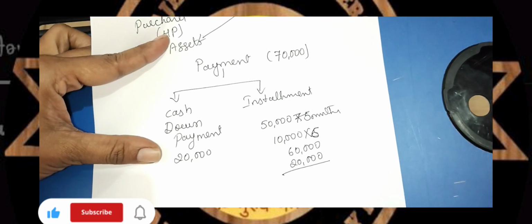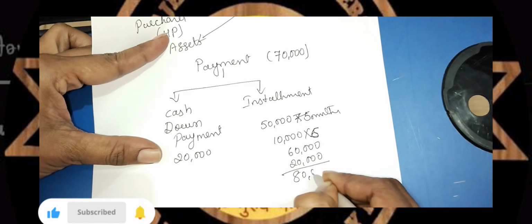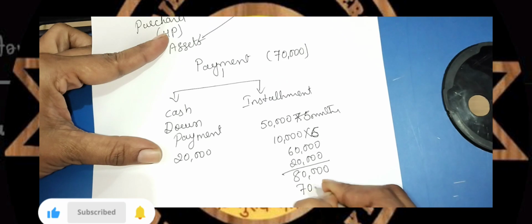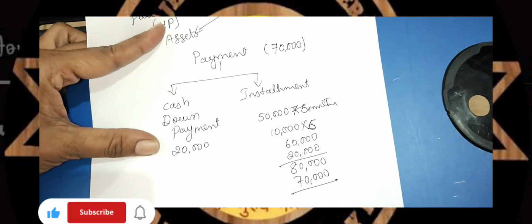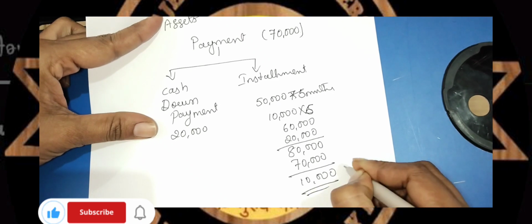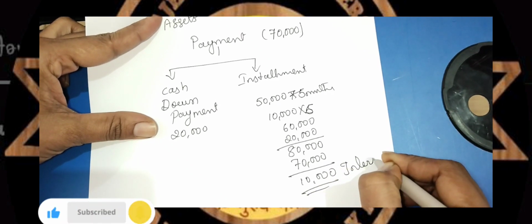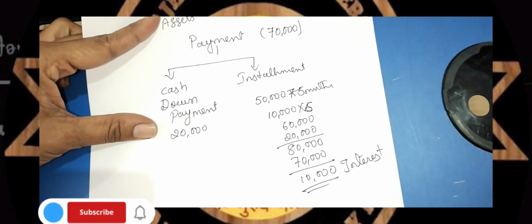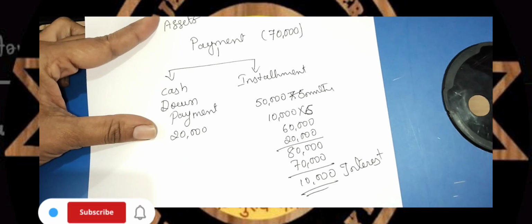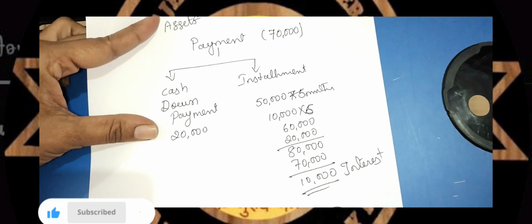What is the total amount? 80,000. What was the cost of the machinery? 70,000. So how much excess have you paid? 10,000. This 10,000 is called interest, the extra amount you have paid on your purchase on installment.